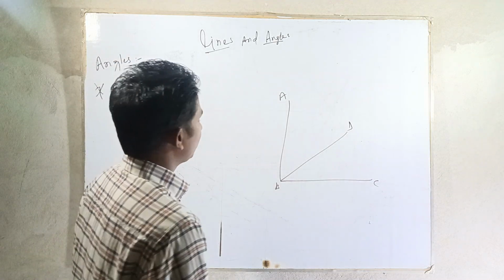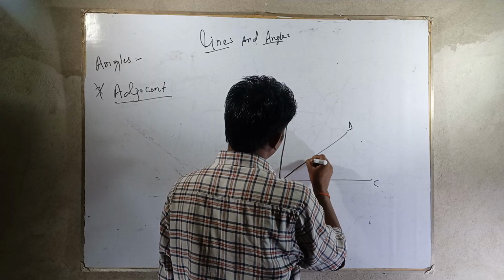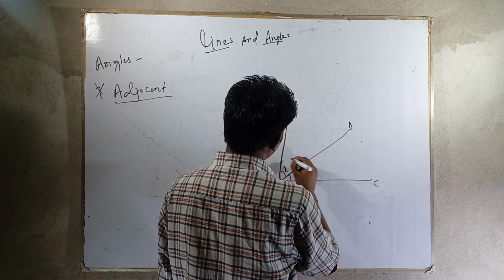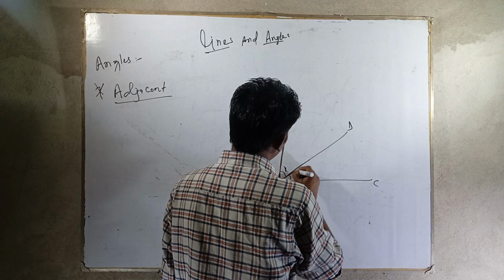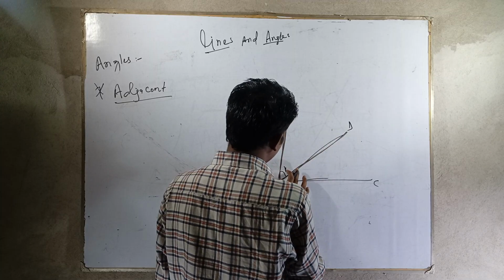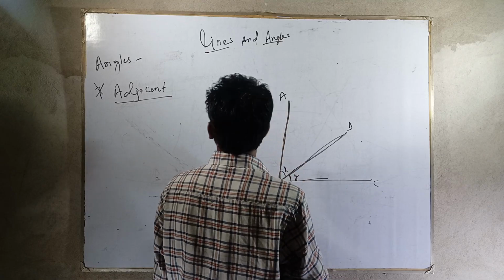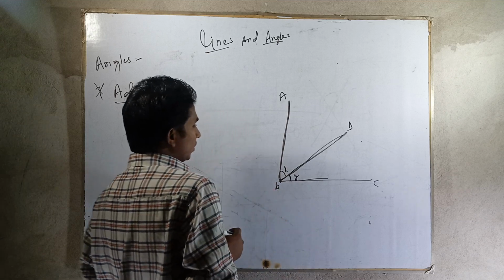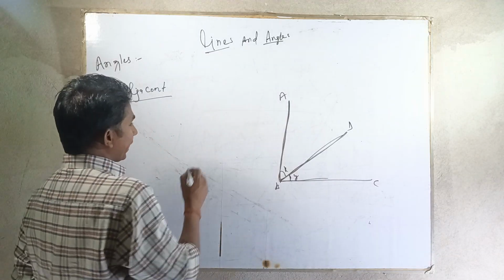If I say this is angle X and this one is Y, both of them share BD as a common side. So this is called an adjacent angle, and one vertex is also common. In this video you understand the meaning of adjacent.